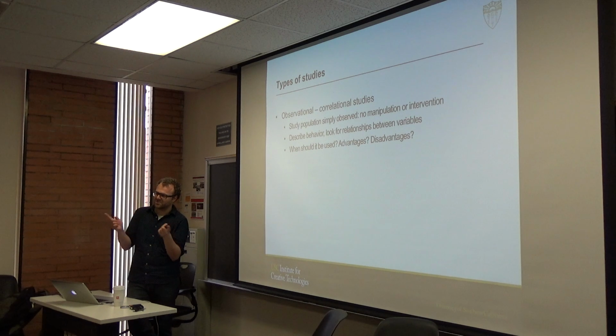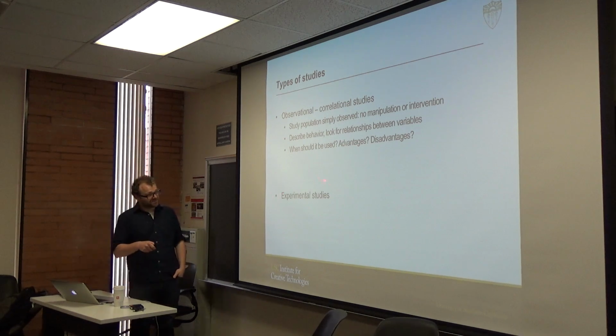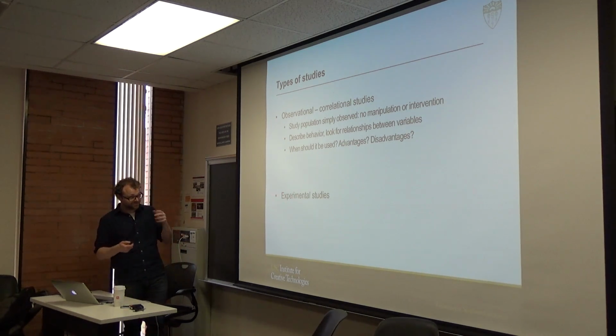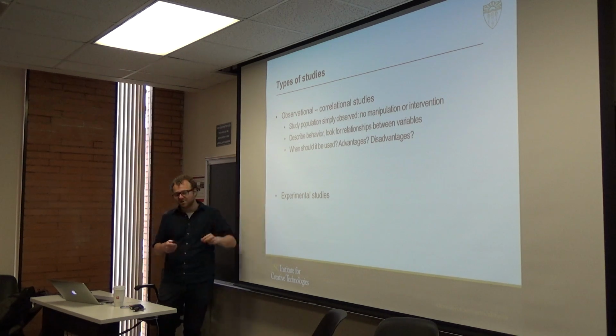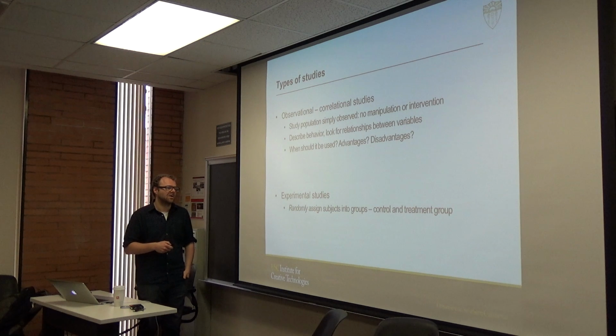You can possibly identify a correlation between that, but you can't identify a causation through this observational study. You didn't hold all the variables constant, and we're going to have a couple of examples there. And these experimental studies are the ones where you actually try to hold all the variables constant.